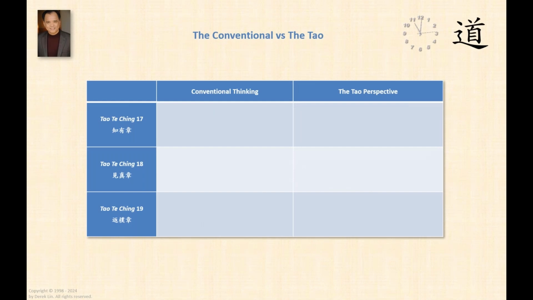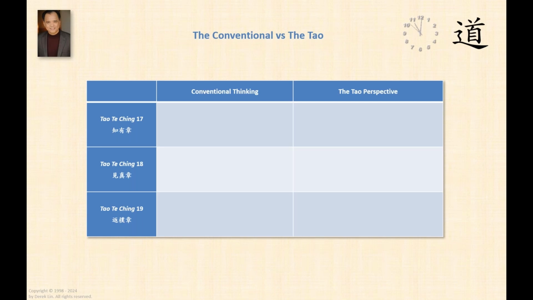In this slide, what I have done here is that I have lined up 17, 18, and 19 as the rows of this table. If we go from the top down, we will see the thought process of Lao Tzu and how it flows through the 3 connected chapters. What Lao Tzu has in mind is one overarching concept expressed in 3 parts.